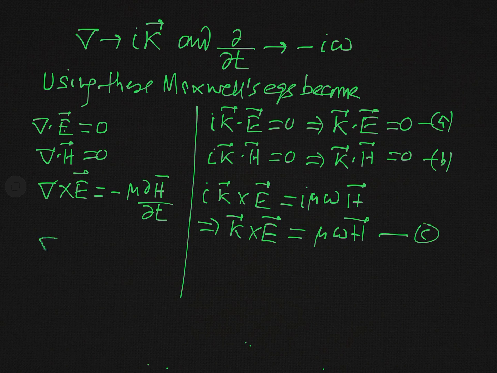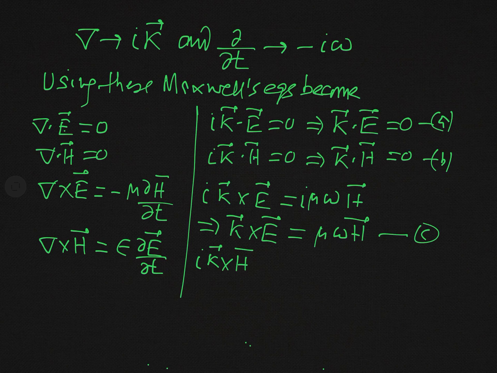Now the fourth equation is del cross H equal to epsilon del E by del T, and we can write it in this way.